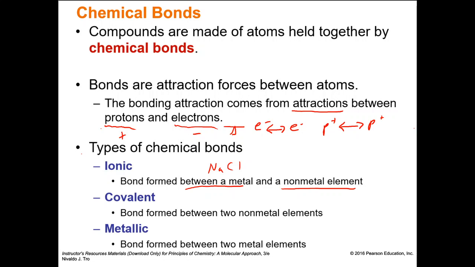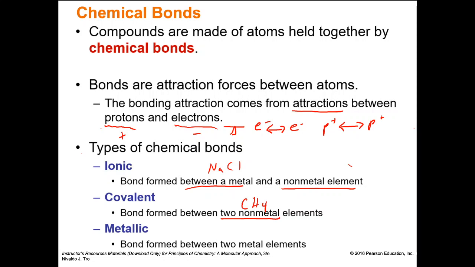The second type we have is a covalent bond, and this is between two nonmetals. For instance, let's just say methane. Sure, that's a simple one. Those are two nonmetal elements, so that would be a covalent bond. And we'll talk about what makes a covalent bond different from an ionic bond as well.